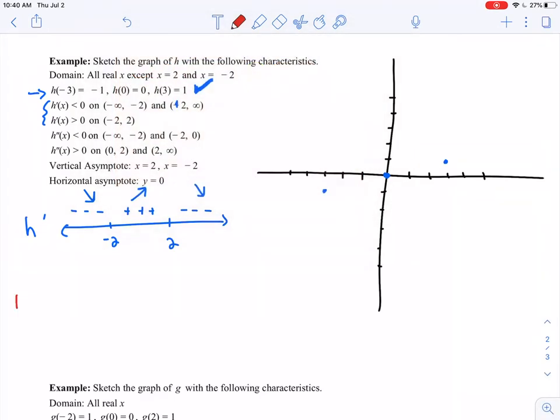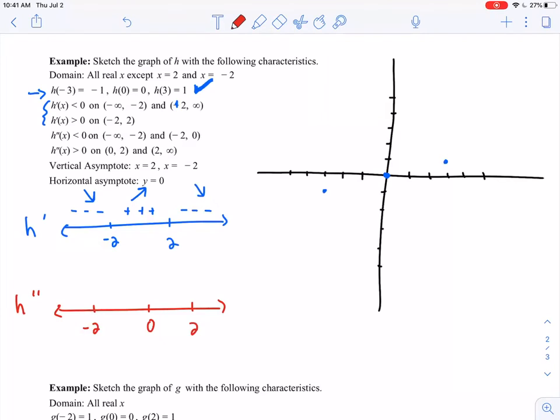So okay, we talked about our first derivative. Let's see what our second derivative has to say, h double prime. The important points seem to be -2, 0, and +2. Those seem to be the important points for my graph.